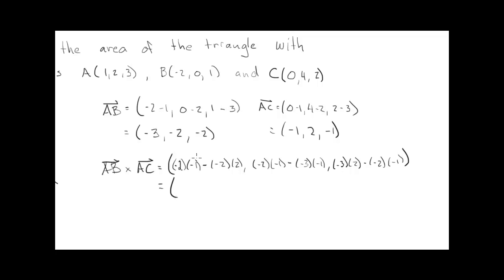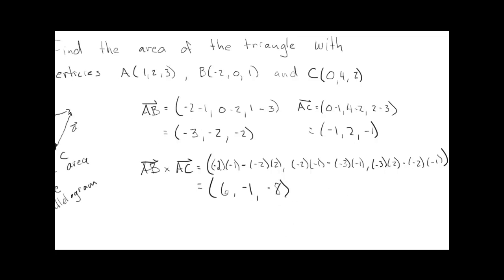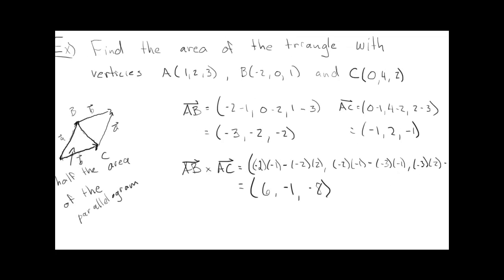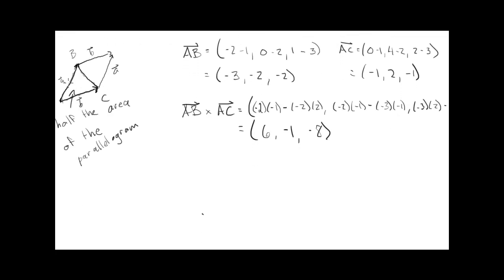That'd be 2 plus 4, 2 minus 3, minus 6, minus 2. So this is the cross product of these two vectors.